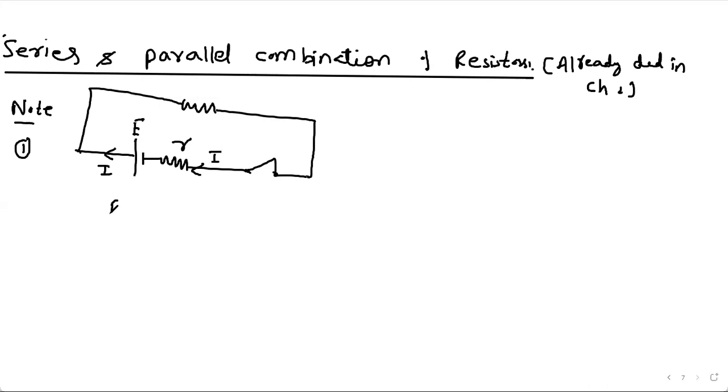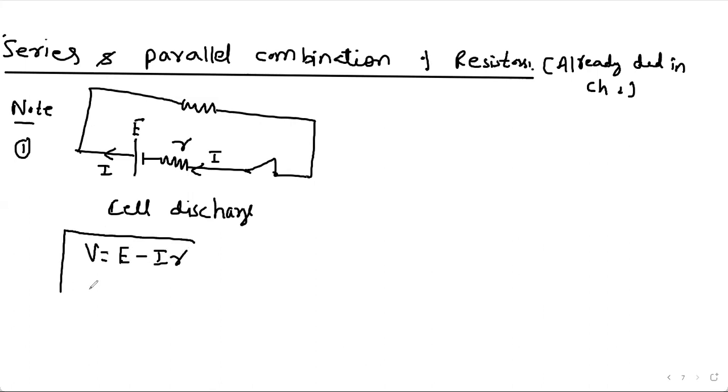The cell is discharging. In that case, your terminal potential difference is E minus Ir. This is when the cell discharges and the circuit is closed.